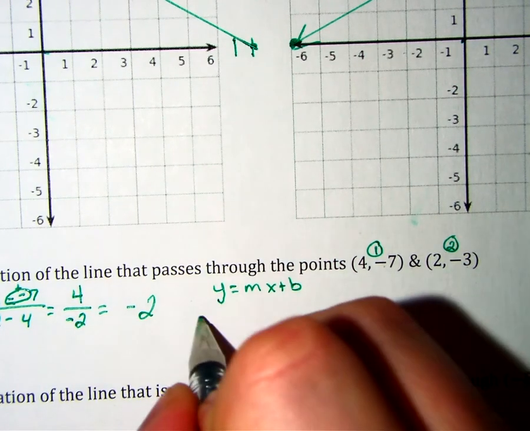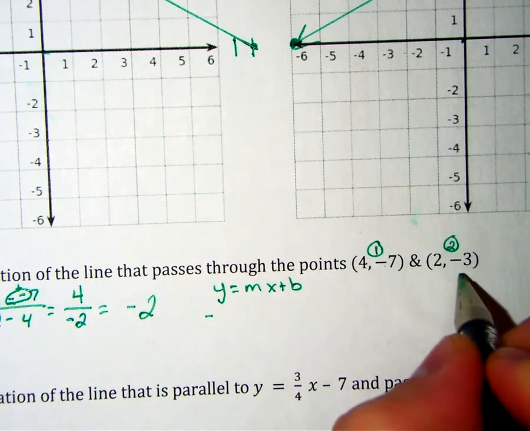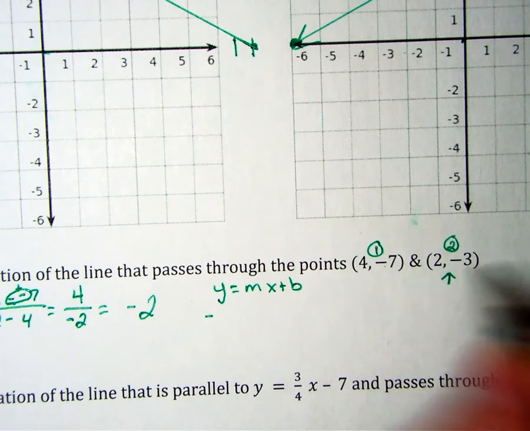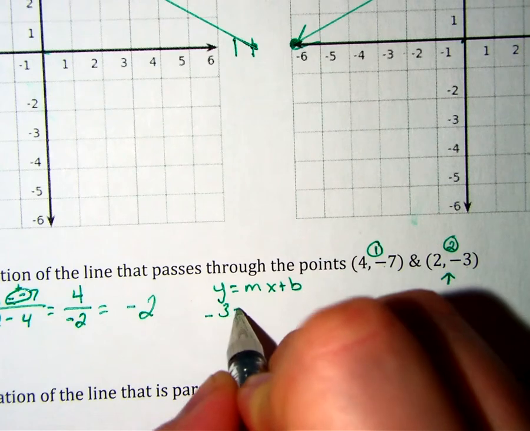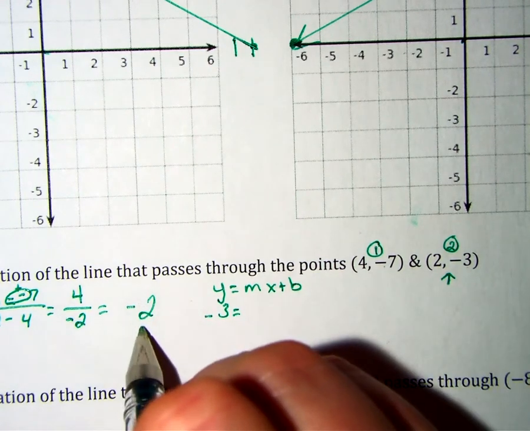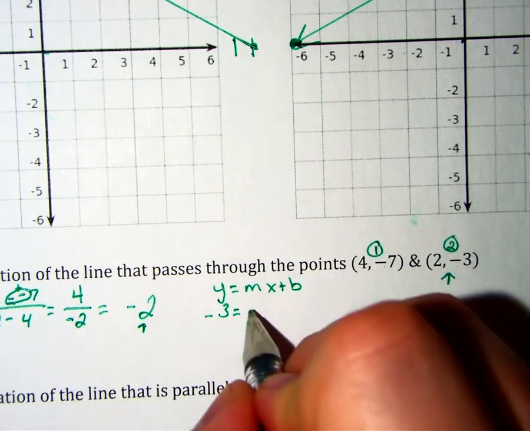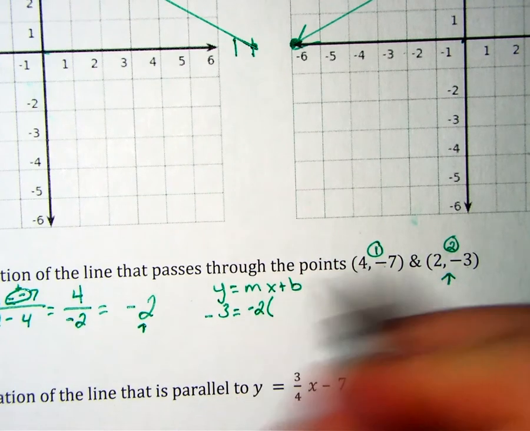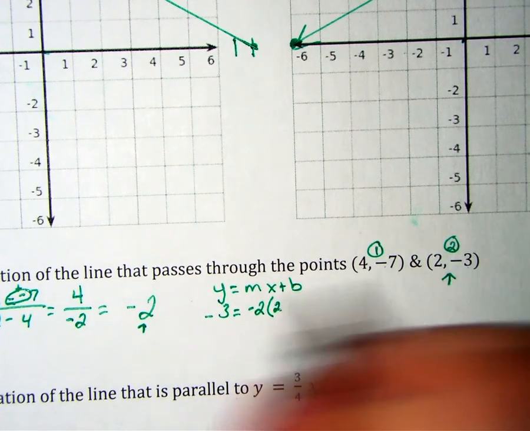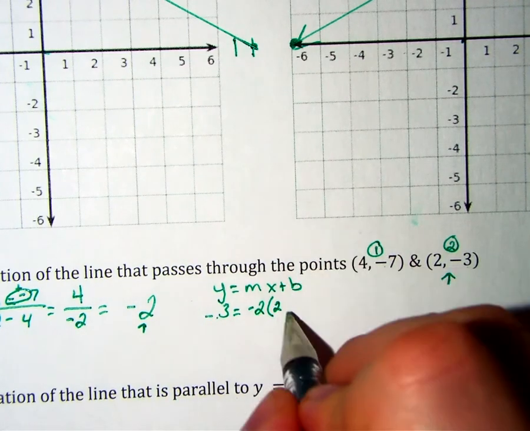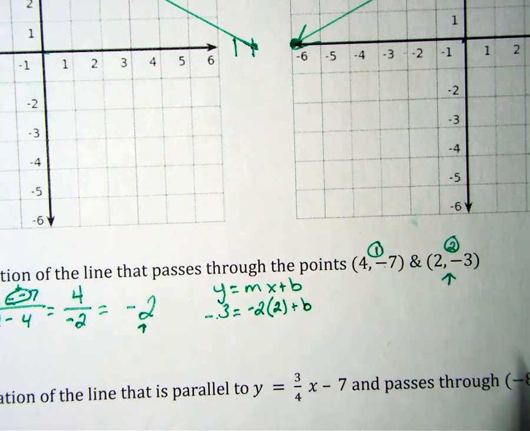So we're going to plug in a y value from one of my ordered pairs up here. I'm going to go ahead and use that one. So it's got a -3 for a y value equals my m value we already determined was -2, so -2 times my x value from the same ordered pair that we got our y value from, plus b.